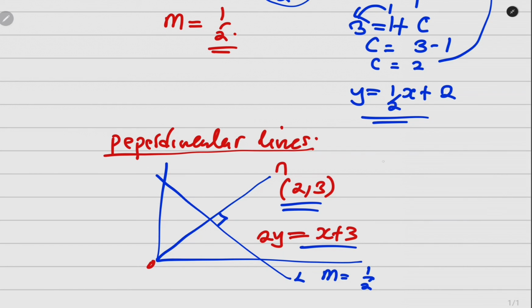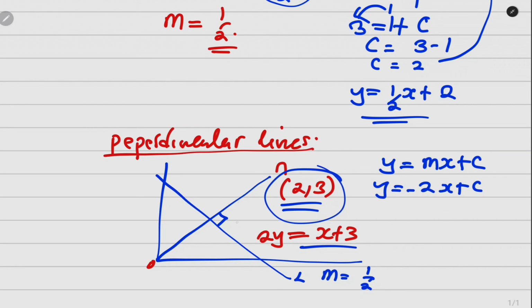So let us see. y equals mx plus c. Where is the gradient? We put -2, so y equals -2x plus c. We are given the coordinate the line passes through, so we replace: this is x, this is y. So 3 equals -2 times 2 plus c.